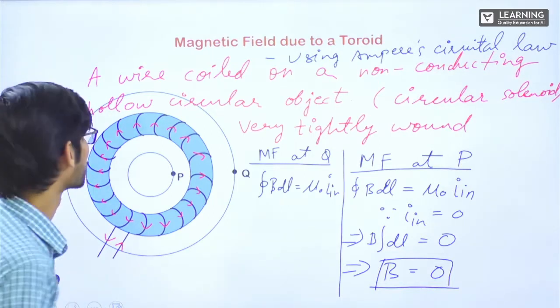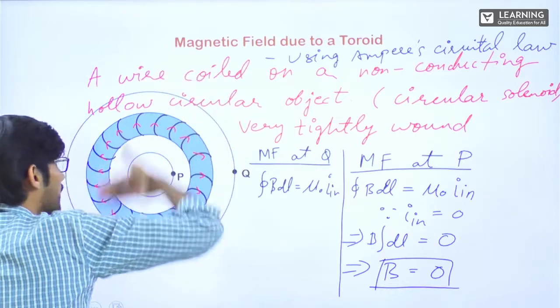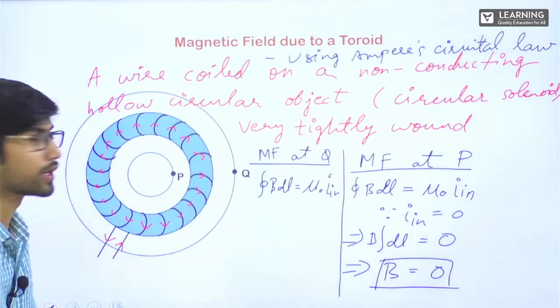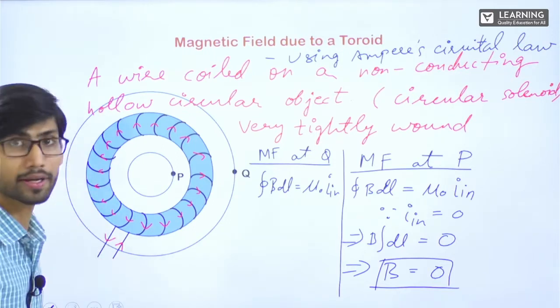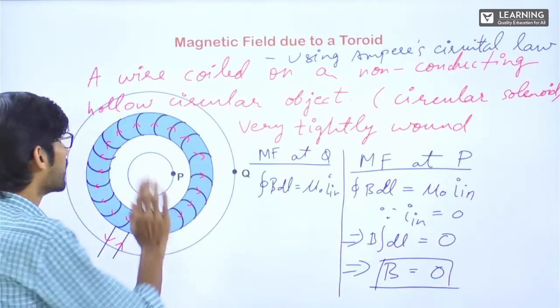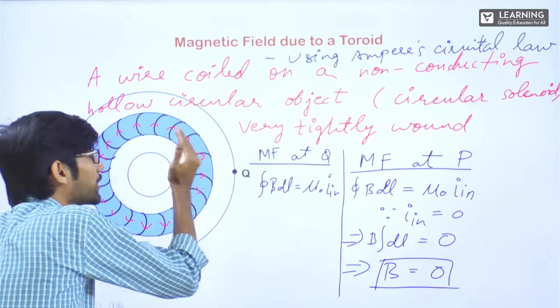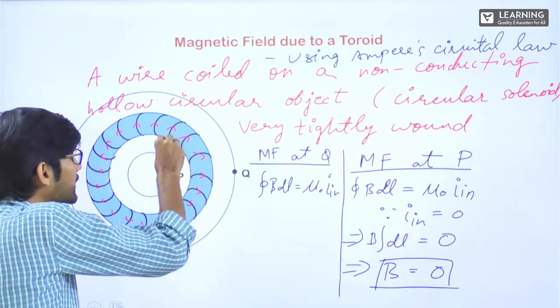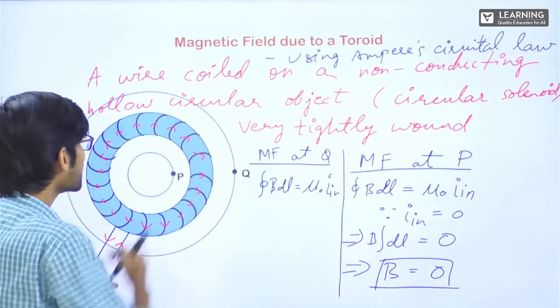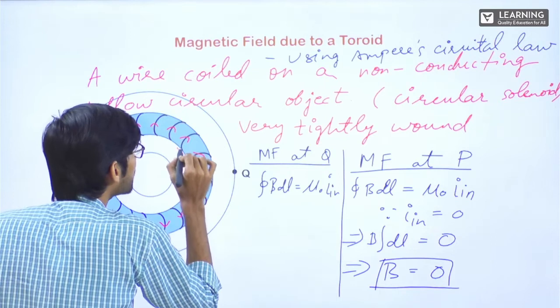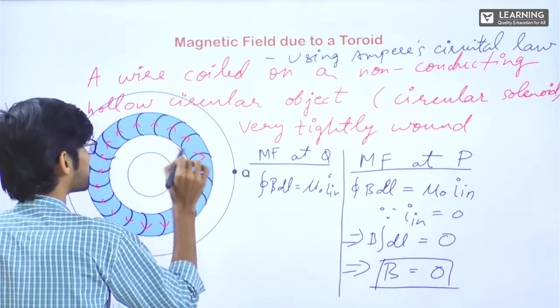No, understand. If I make a cross sectional cut like this, what will happen? You will see the current. Okay, how you will see the current? From the inner edge, the current is coming out, and at the outer edge, current is going inside. So basically, if I do a cross section, you will see a current like this.